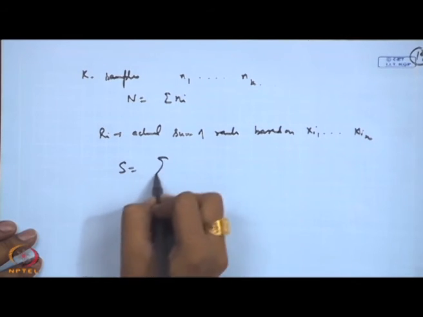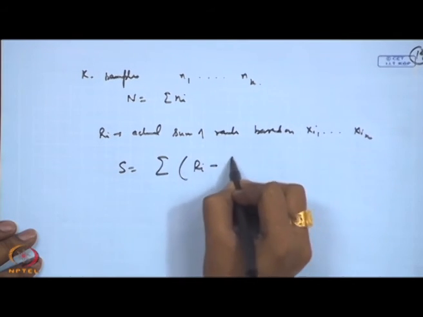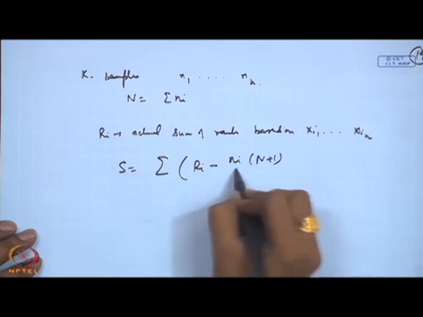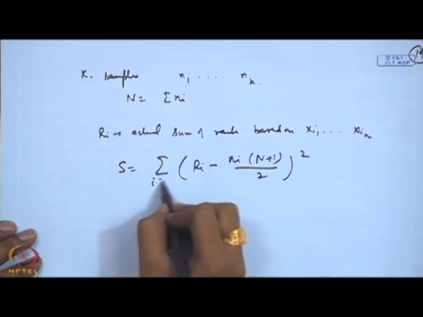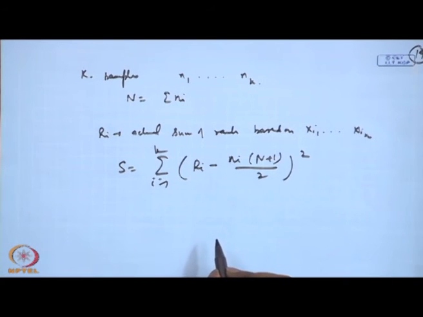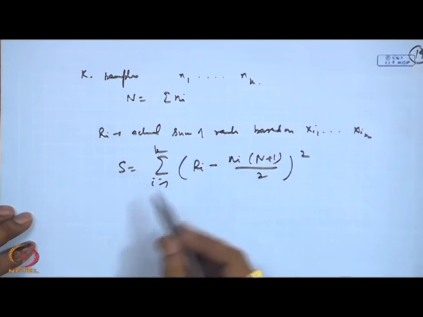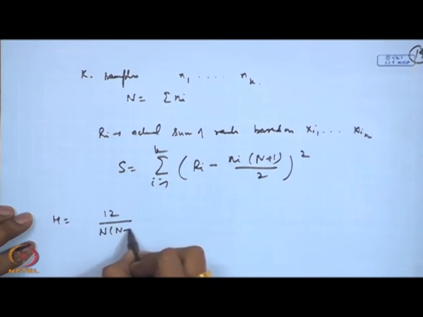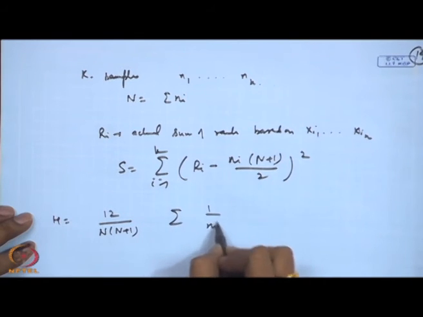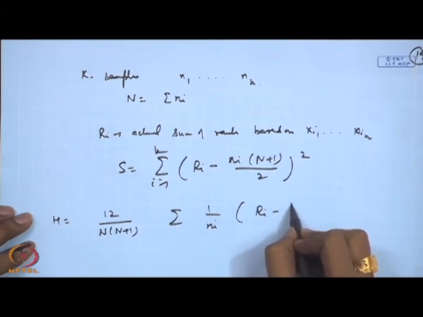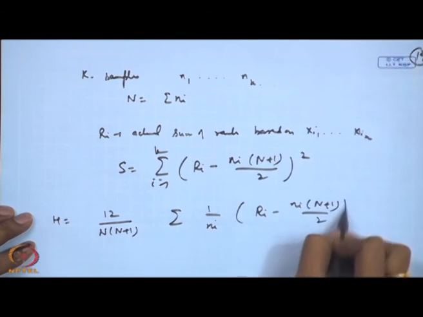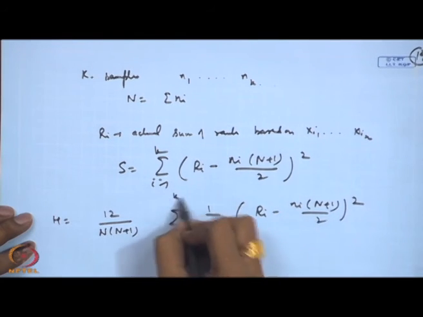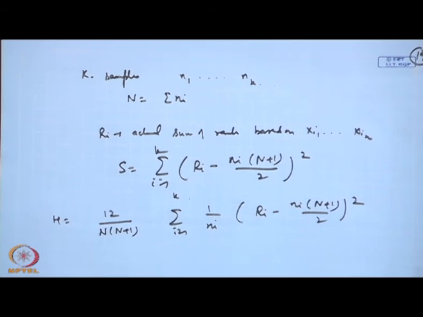Then you define the statistic Ri minus ni into (n plus 1) by 2 whole square, i is equal to 1 to k. So, this is actually for the Kruskal-Wallis, and then we define H is equal to 12 by n into (n plus 1) times sum of ni into (Ri by ni minus (n plus 1) by 2) whole square, i is equal to 1 to k. So, based on this the testing procedure has been developed. So, this is called the Kruskal-Wallis formula.